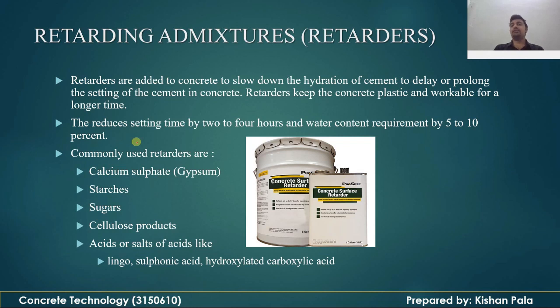If we talk about the retarders, commonly we are using calcium sulfate, which is also known as gypsum. Remember, in the production of the cement mass, we are using 2 to 3 percent of the gypsum. Next one is sugar.